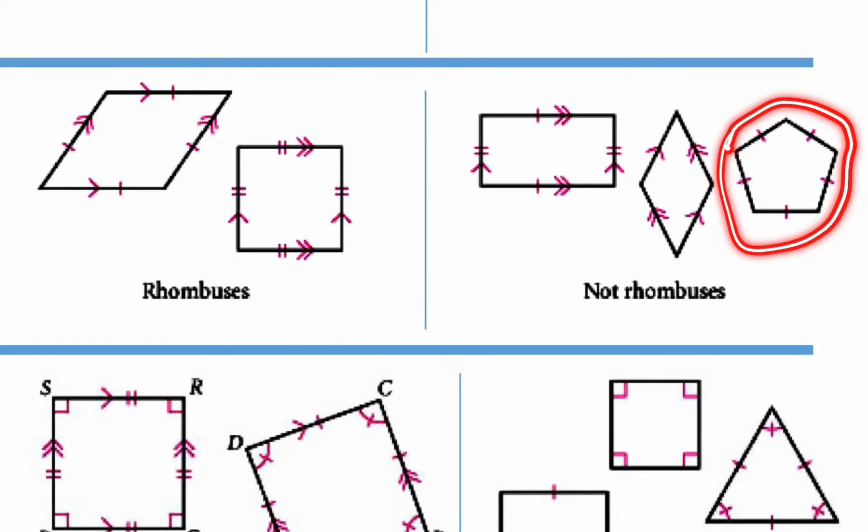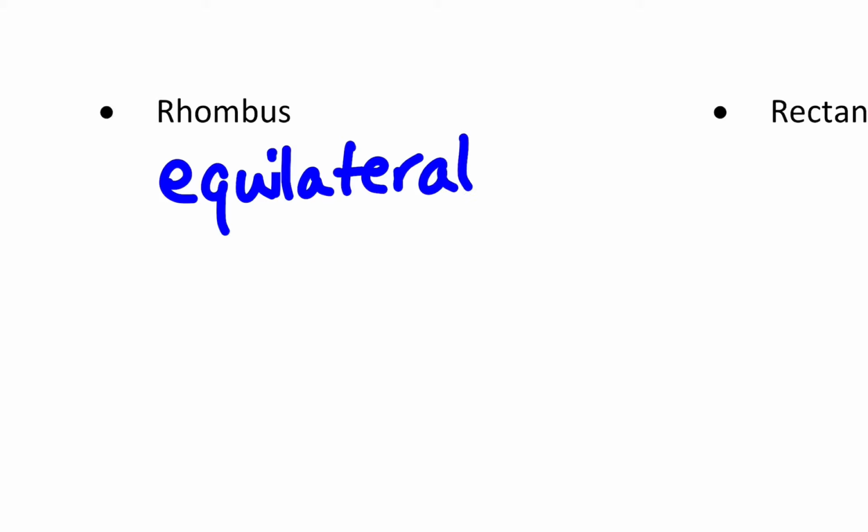Here, all the sides are congruent, but it's not a quadrilateral. So, the characteristic of rhombuses, it's an equilateral. Remember equilateral? Equilateral means that all sides are congruent, and it's an equilateral parallelogram.